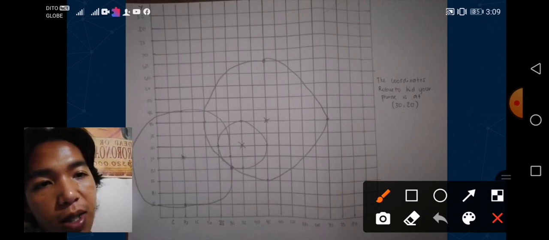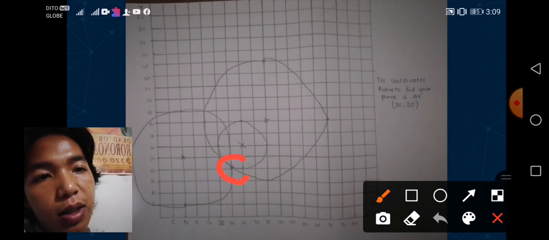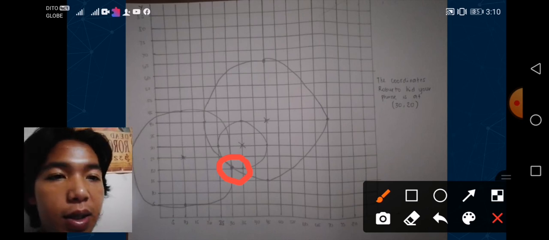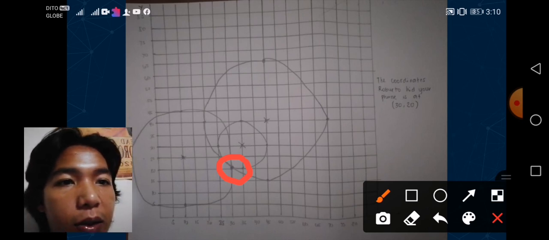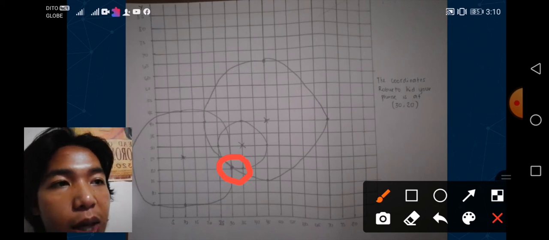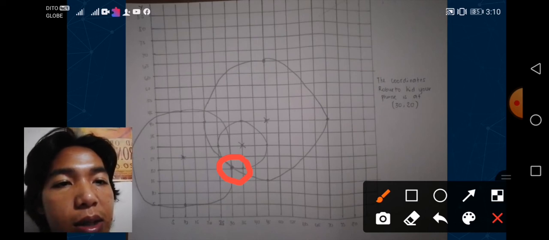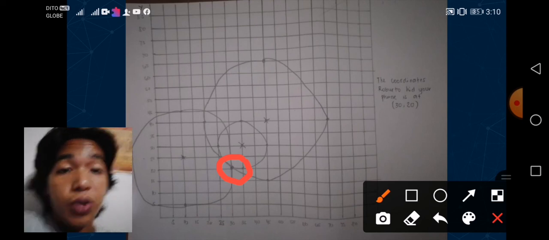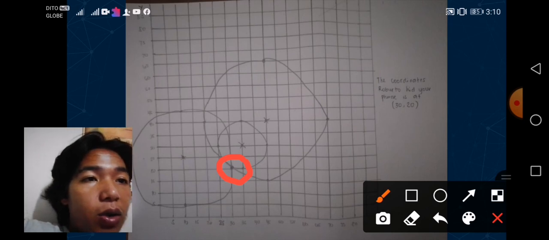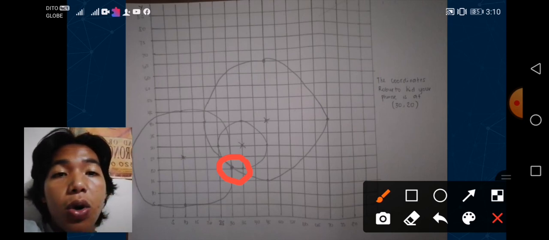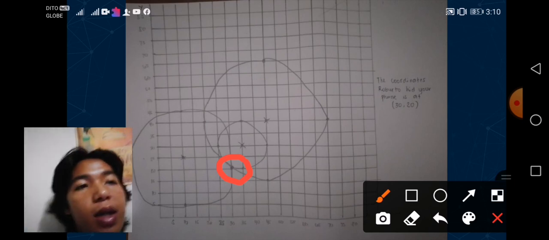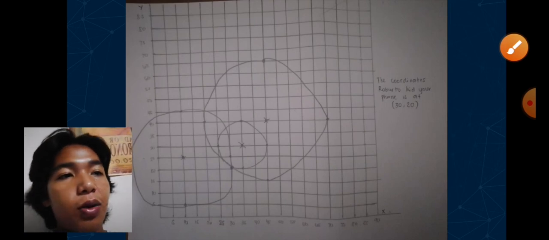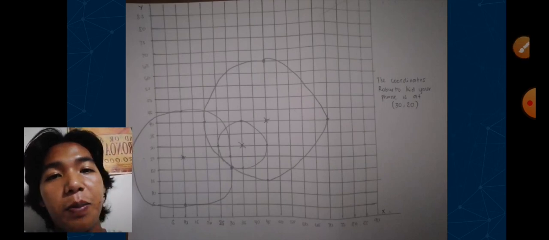So these three circles intersect at this point. The coordinate of this point is 30, 20. Its x-axis is 30 and y-axis is 20. So in conclusion, the coordinates where Roberto hid your phone is 30, 20. So you can now go to the coordinate 30, 20 and find your phone.